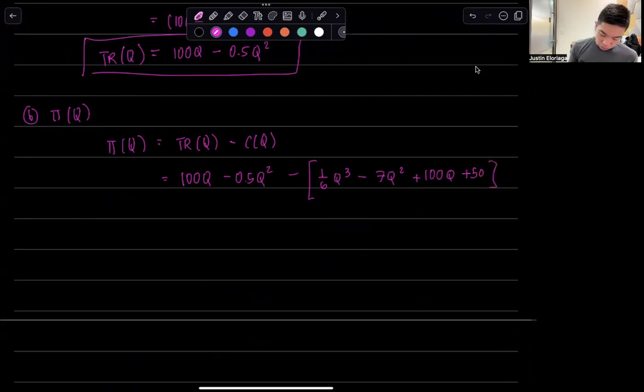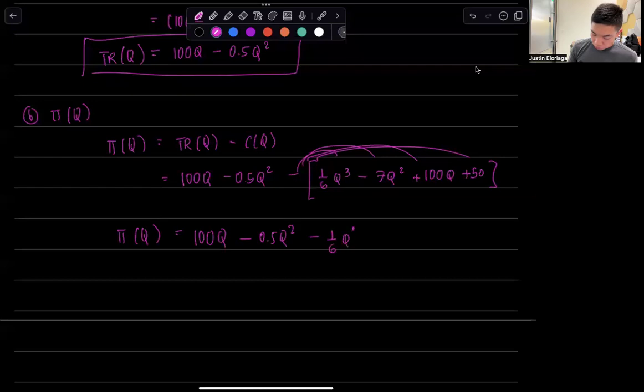If I distribute the negative sign all throughout, I get the profit function: 100Q minus 0.5Q squared minus 1/6 Q cubed plus 7Q squared minus 100Q minus 50.